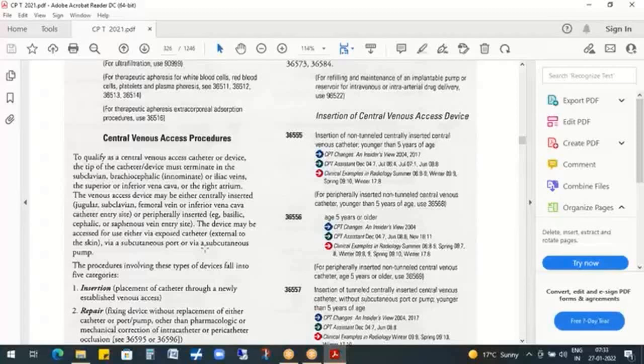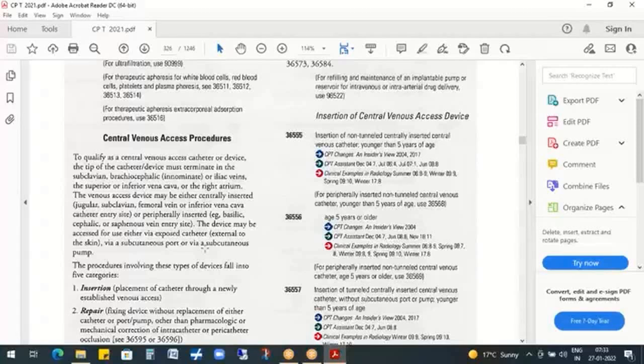Now you can see it as a whole. First, what we need to look for: age of a patient. Second point, catheter or device. Now you know the difference between a catheter and a device. When do we call it a device? When a catheter is attached to a subcutaneous port or pump, we call it a device. Then next, we need to look for whether it is centrally or peripherally inserted.